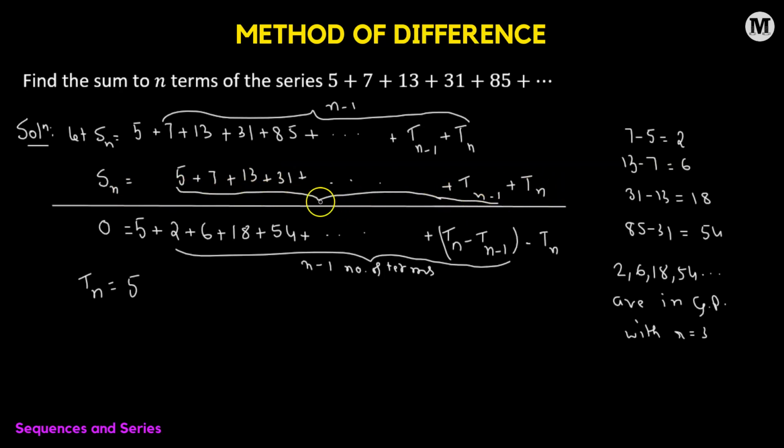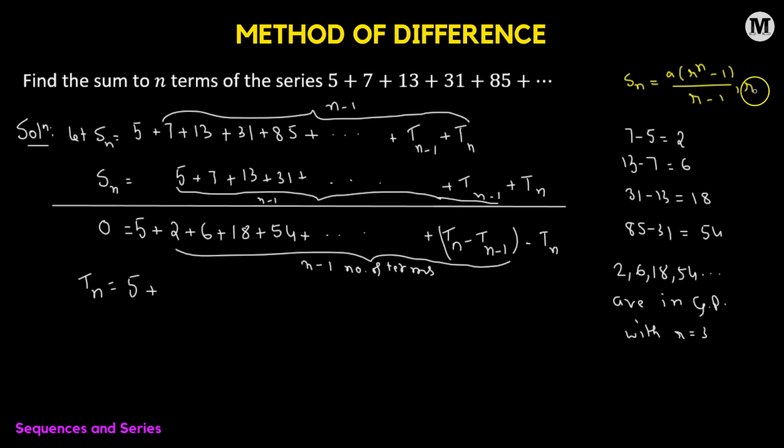We excluded the last term, which means this one also has n minus 1 number of terms. Now, after subtraction of n minus 1 terms from another n minus 1 terms, we'll be left with n minus 1 terms. Fine. And now, since this is a geometric series, we know the standard formula for the sum to n terms of a geometric series, that's given by the first term multiplied by r raised to the power of n minus 1 divided by r minus 1.